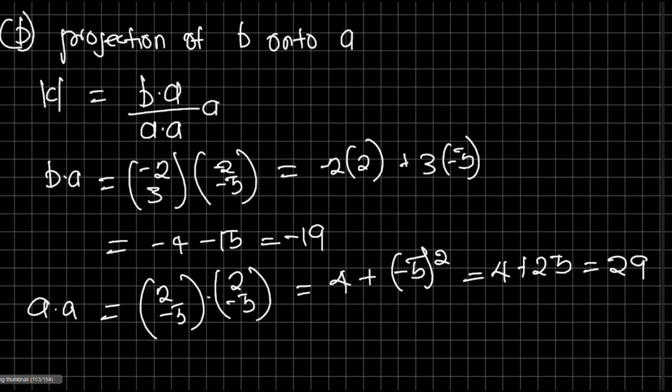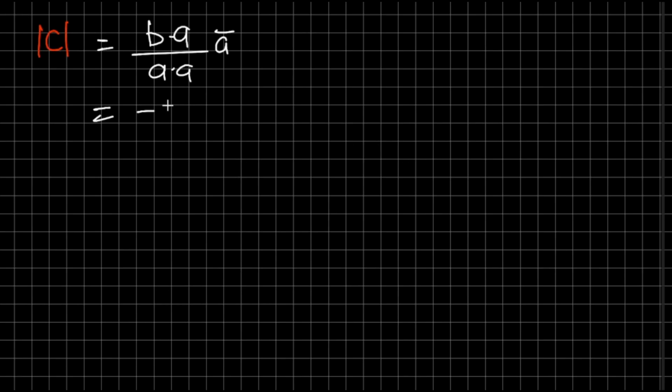So now our projection is B dot A all over A dot A multiplied by A. B dot A is minus 19, so that will be minus 19 over 29 multiplied by vector A, which is (2, minus 5).